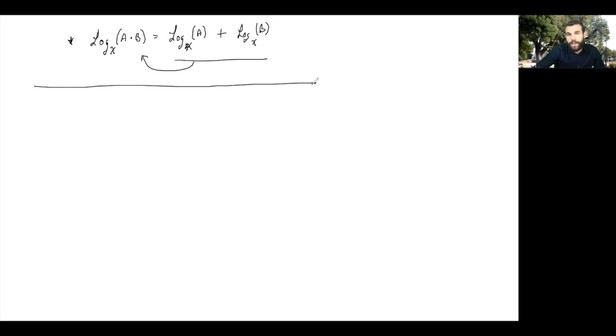So moving on, case number 1, we're going to call it. Case number 1 is using the relationship of exponential equations and logarithmic equations, and the fact that they are inverses of each other.